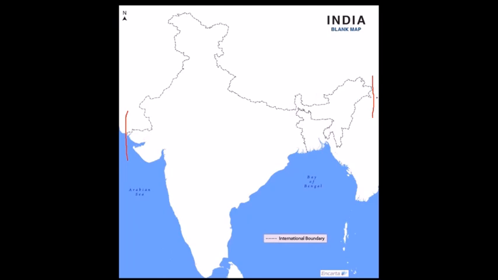For the latitudinal extent, here it is 33 degrees northern latitude, and at the bottom at Kanyakumari it is 8 degrees northern latitude. And here the present day system of numbering is going on like that.